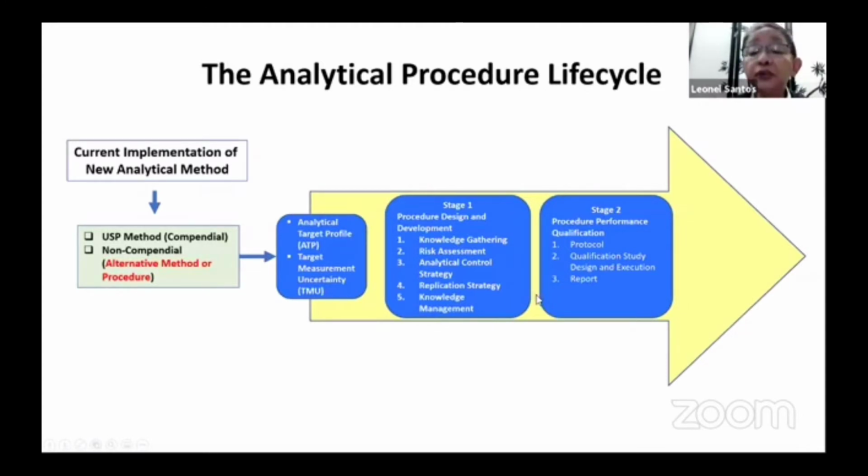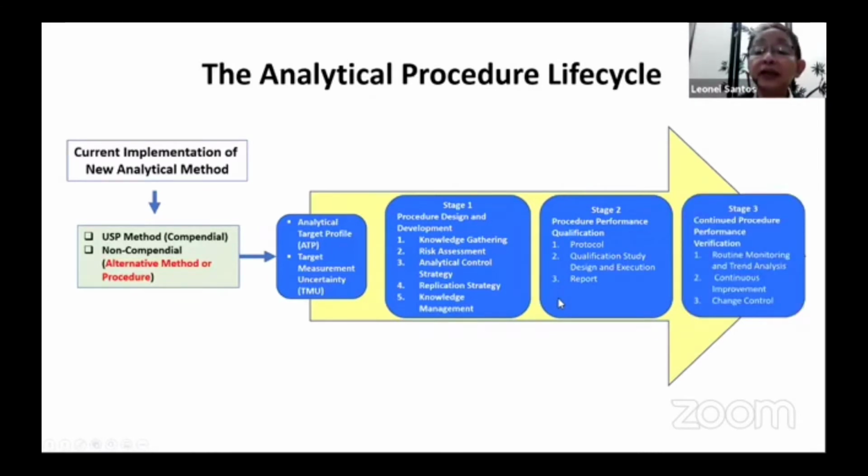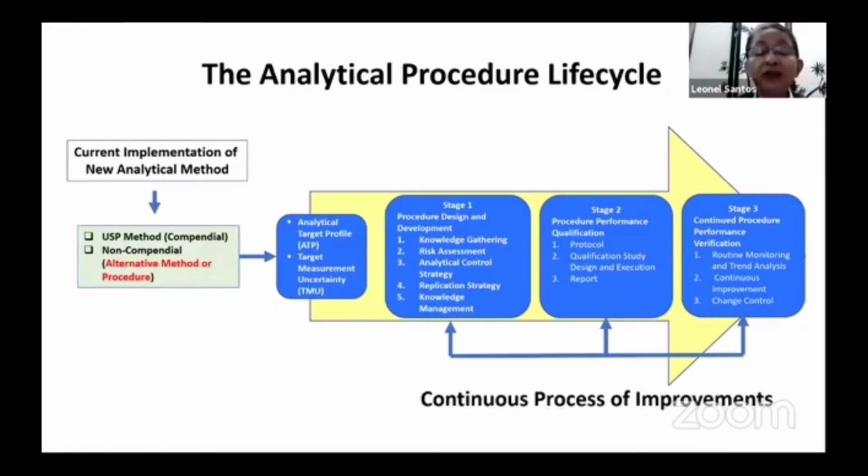Stage two, which is procedure performance qualification, having 3 elements. And then finally, stage three, which is termed continued procedure performance verification. Again, it has 3 elements. These 3 stages, stage one, two, and three, are all interconnected with each other so as to provide a continuous process of improvement. So it's not one way, but it could cycle back and forth.